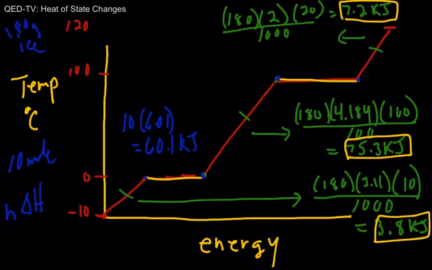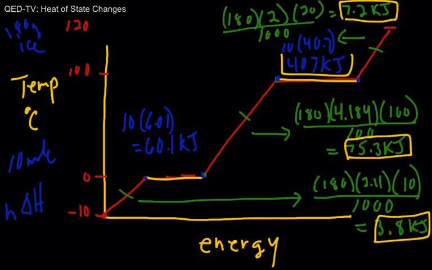Okay, how much energy did it take to go from here to here? Well, that's also N. So it would be also 10 moles times, in this case, we're vaporizing it, so it would be the heat of vaporization, 40.7. And that would be 407 kilojoules. So I have my 3 yellow boxes here of how much energy it took to change the temperatures.